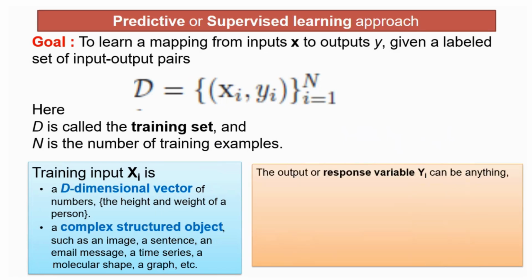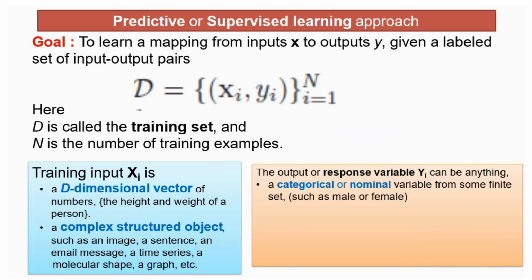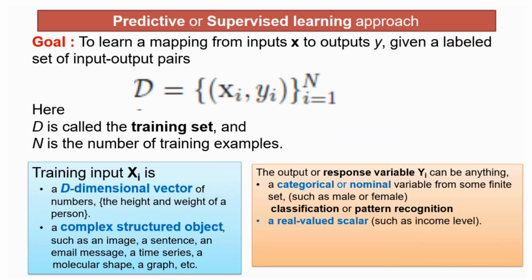And the output is y, which is also termed the response variable. It could be either a categorical or nominal variable if your task is classification. Like we can categorize people as male or female, or any prediction as true or false. So classification or pattern recognition has a categorical or nominal variable as output.